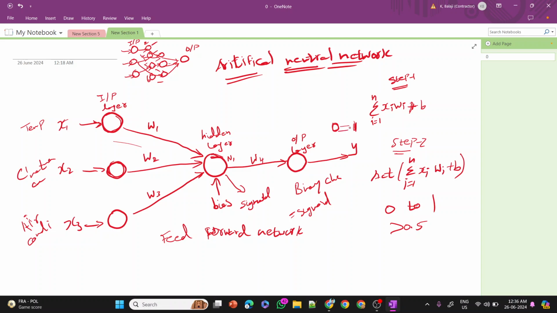That means the actual output and predicted output do not match, so we need to back propagate. The weights are not properly trained, so we need to train them properly, then only will it give the output correctly.